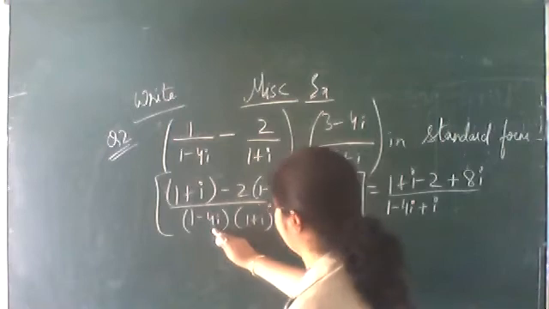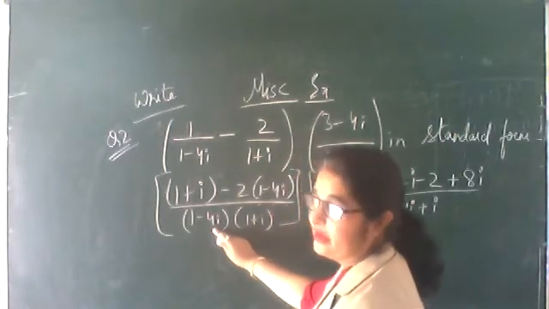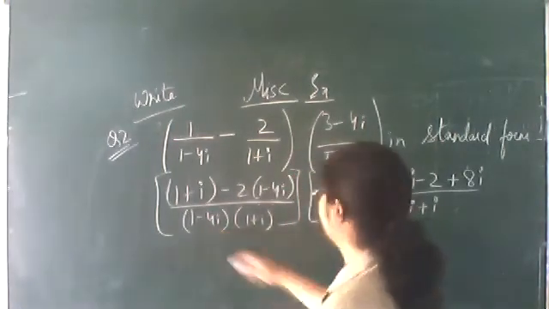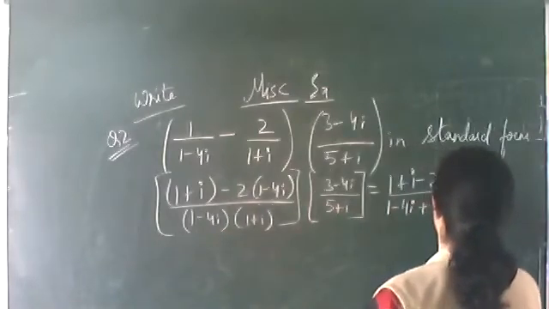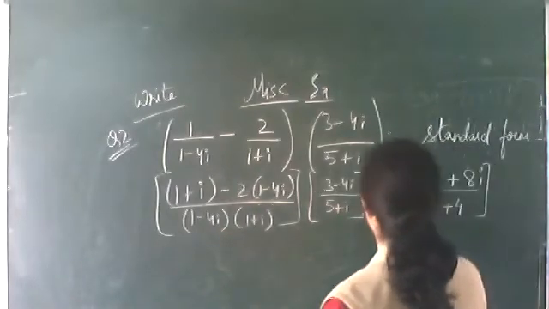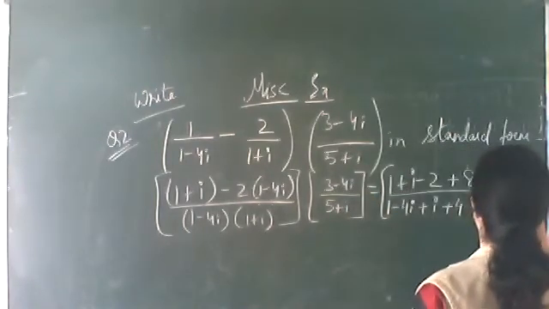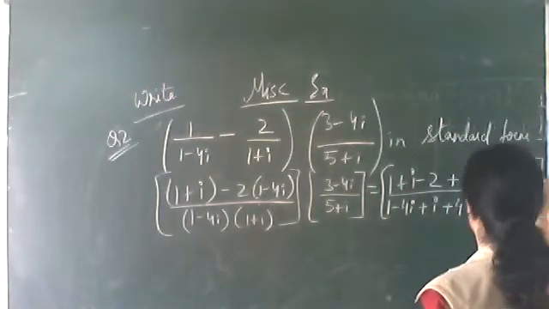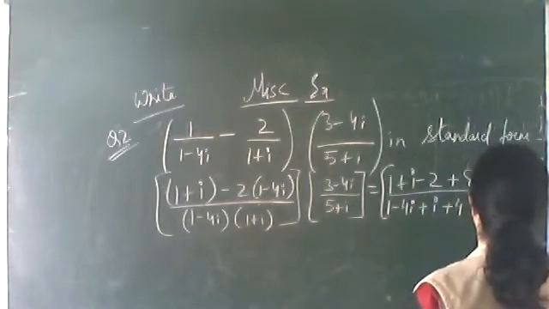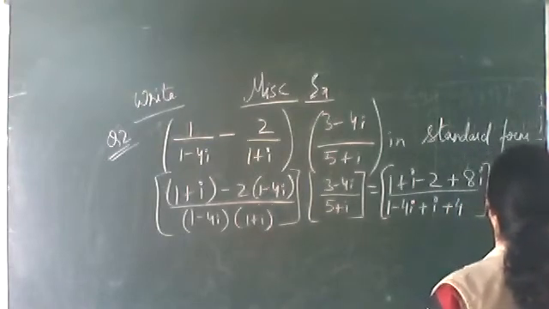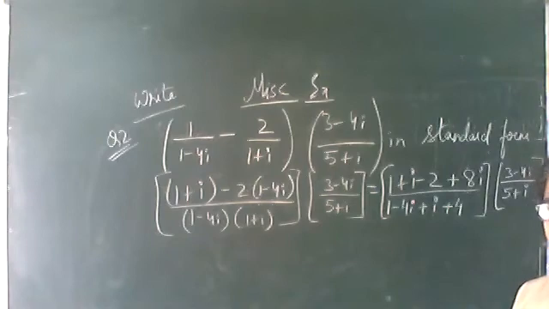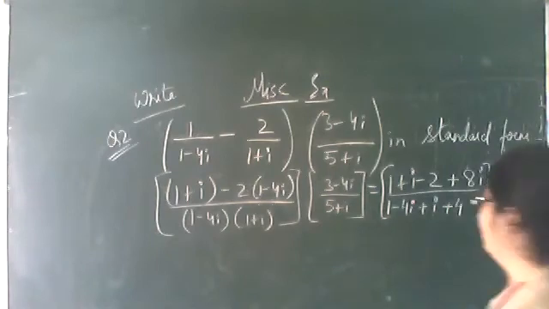Iota into 4 iota will be 4 iota square, that is minus 4, and minus already is there, plus 4. This multiplied by, again the same thing, 3 minus 4 iota upon 5 plus iota. This much is clear.